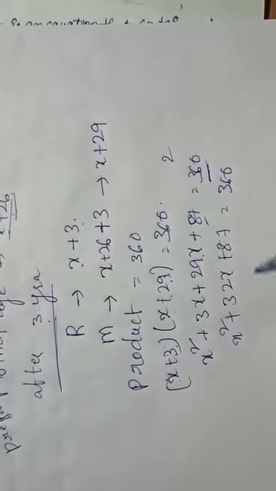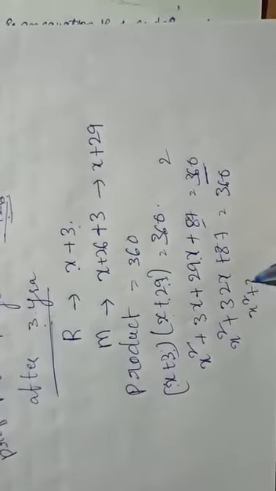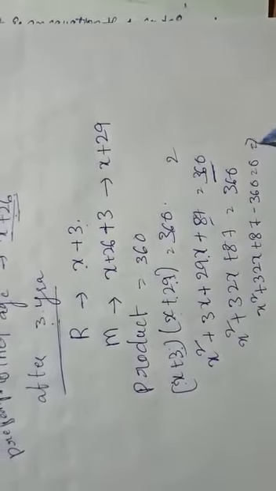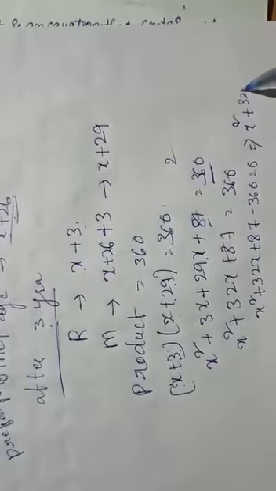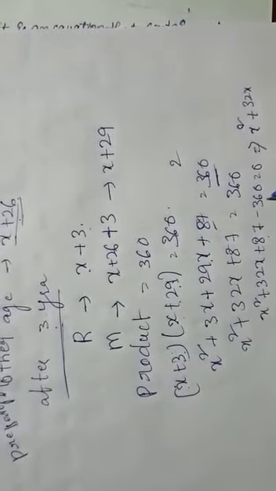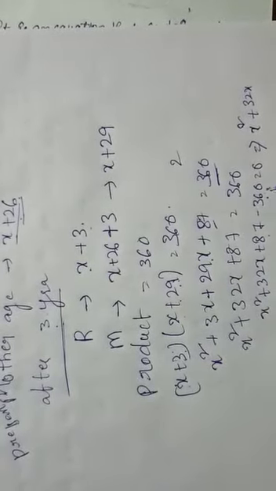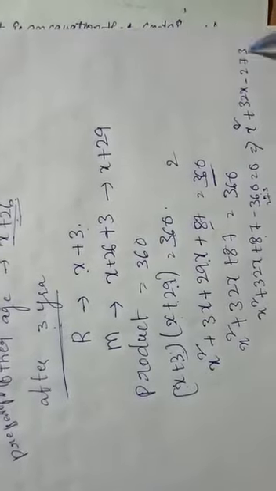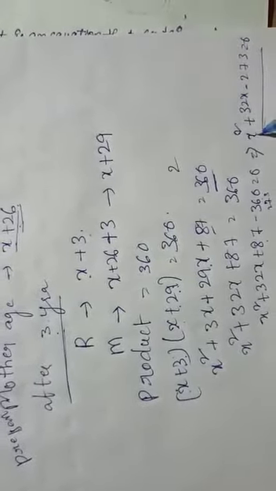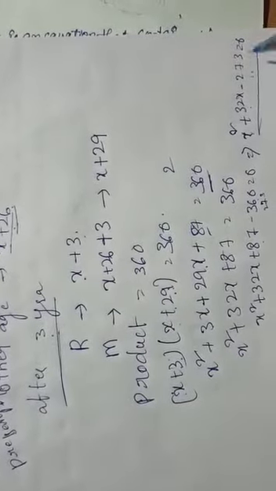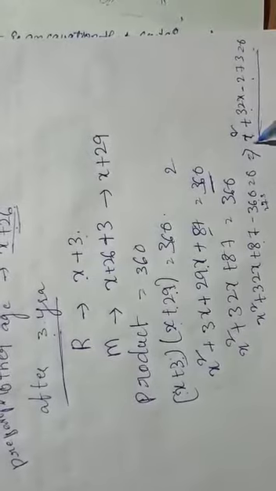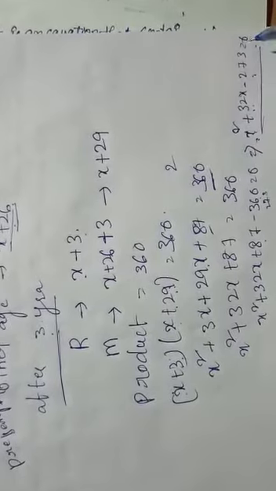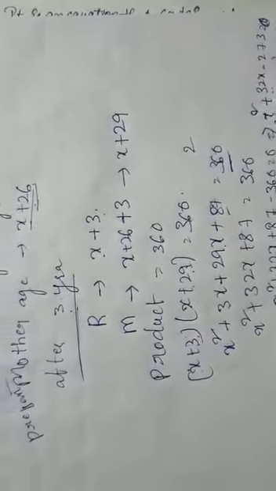Write all terms on the left-hand side: x square plus 32x plus 87 minus 360 equals 0, which is x square plus 32x minus 273 equals 0. This is like ax square plus bx plus c equals 0, where a is not equal to 0. Here a equals 1, b equals 32, c equals minus 273. This is the quadratic equation.